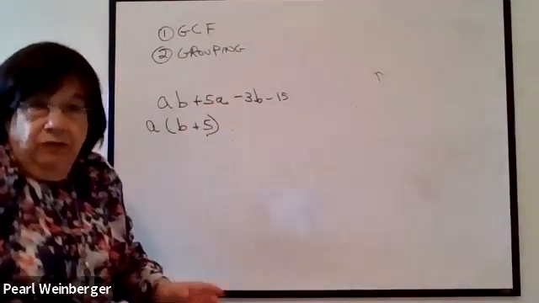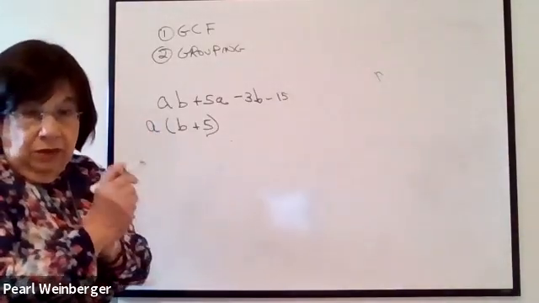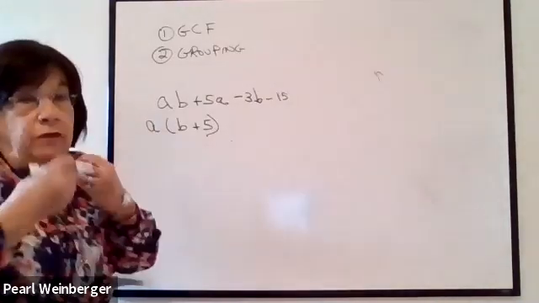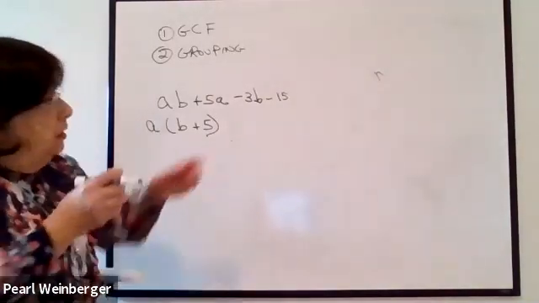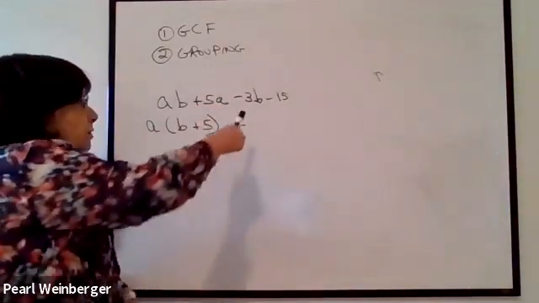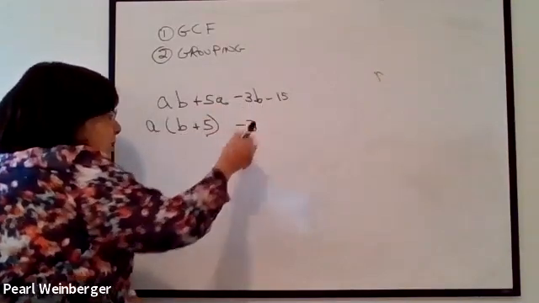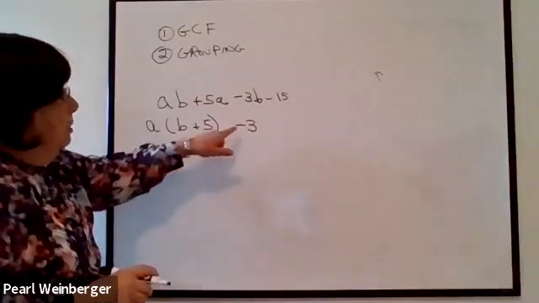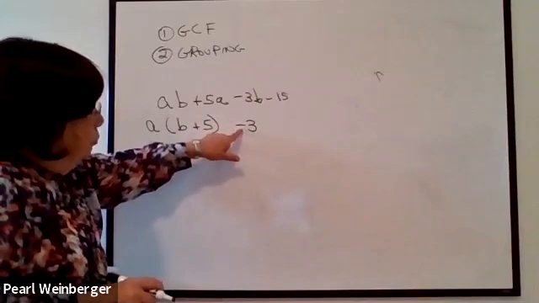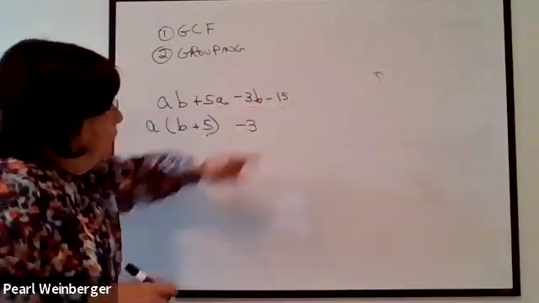Anytime you're looking for a common factor and your leading coefficient is negative, part of your common factor is the negative. So I'm going to keep the negative as part of my common factor, and between 3 and 15, 3 will go into both of them. In other words, negative 3 is a common factor of the negative 3b and the negative 15.